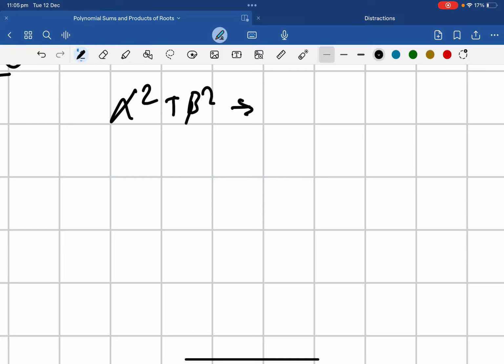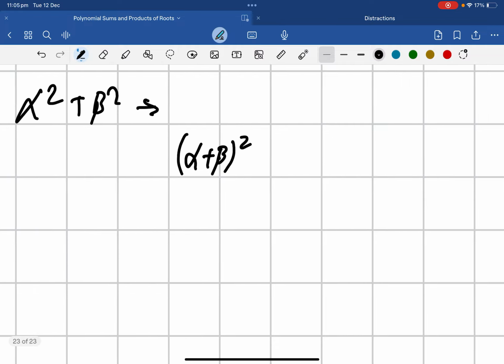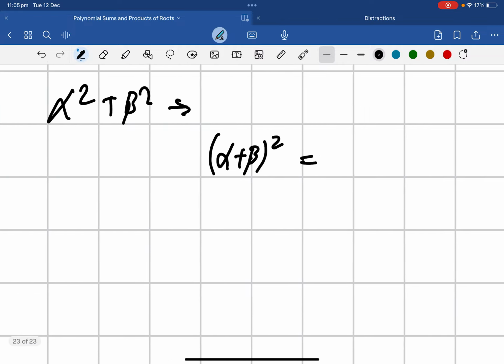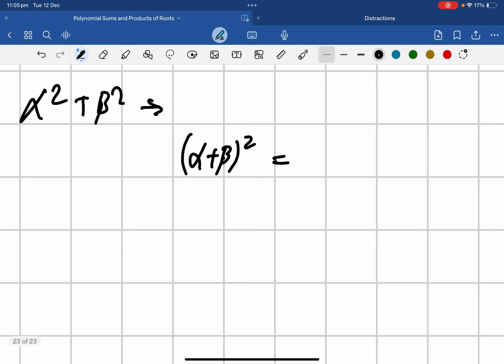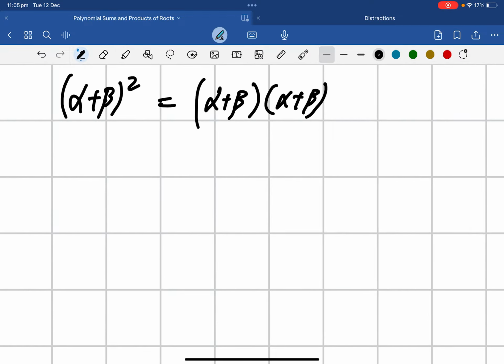Well, you're supposed to go like alpha plus beta whole squared is equal to alpha plus beta and alpha plus beta, because that's alpha plus beta whole squared, right?